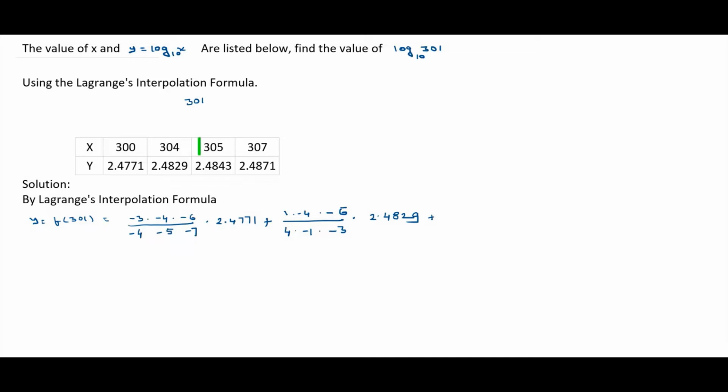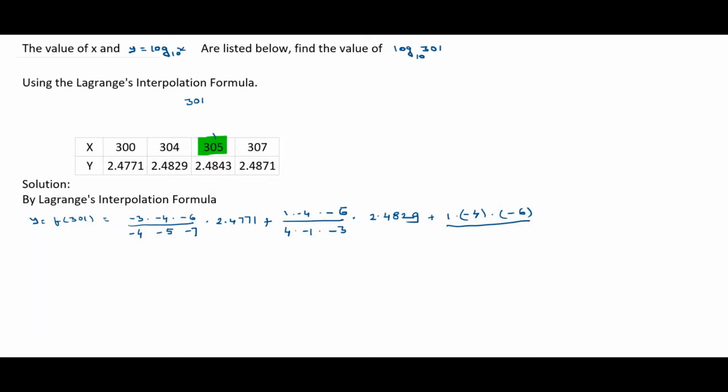Now plus, I will close the third value of x. The third value of x is 305. So I will close 305. And next, 301 minus 300, 1, 301 minus 304 into minus 4, and 301 minus 307 into minus 6.